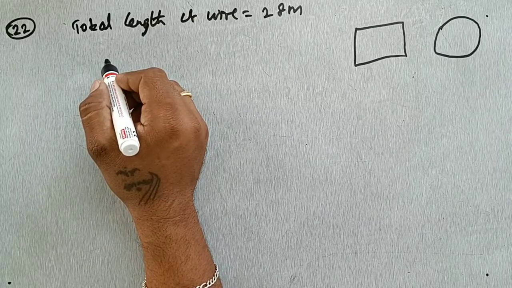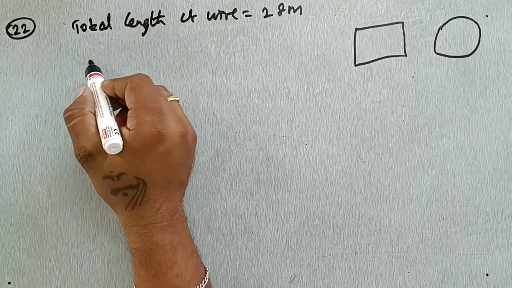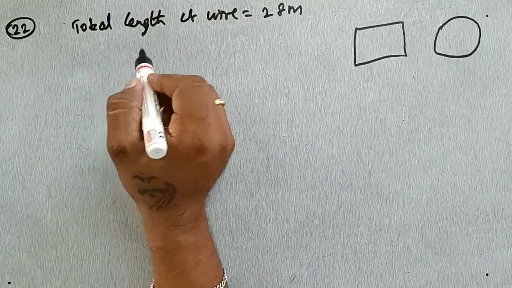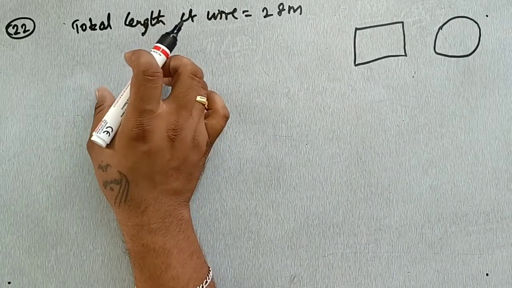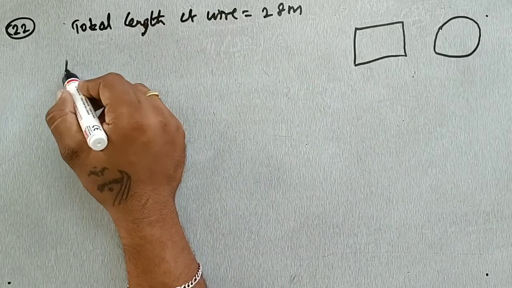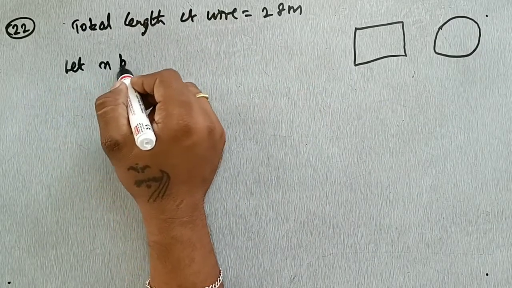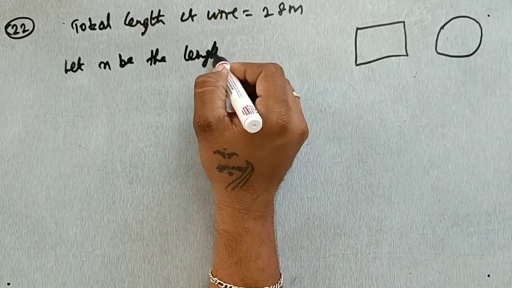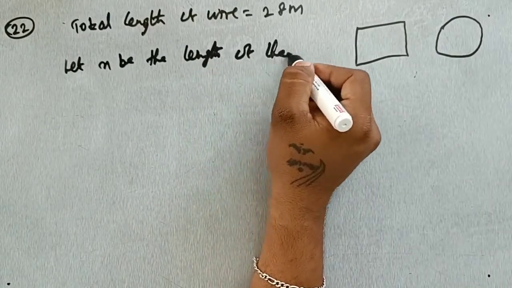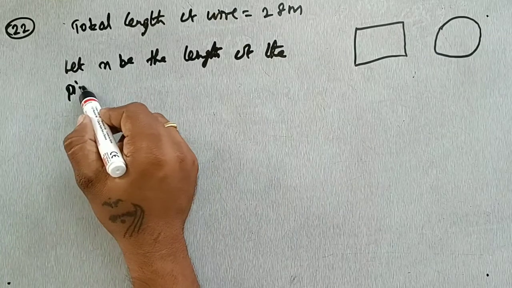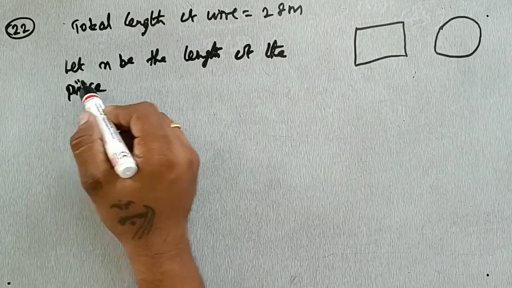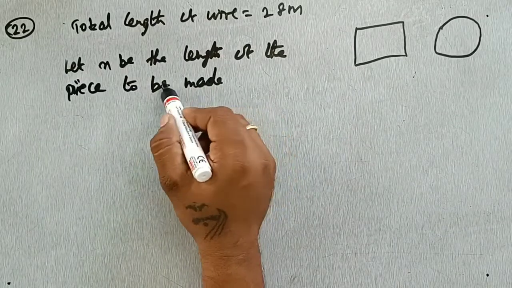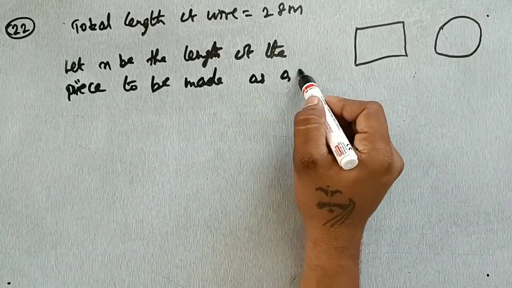So I am going to take one of the pieces as x. Let x be the length of the piece to be made as a circle.